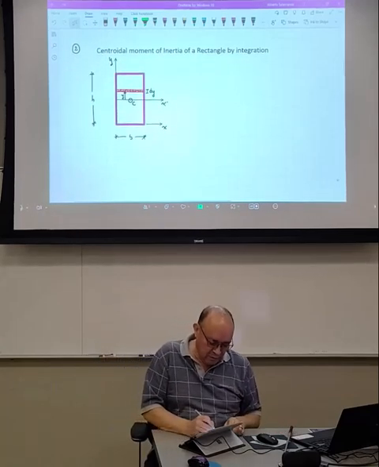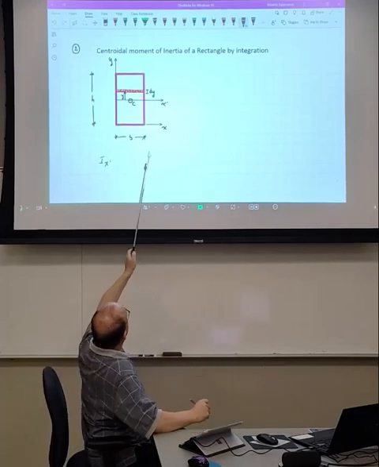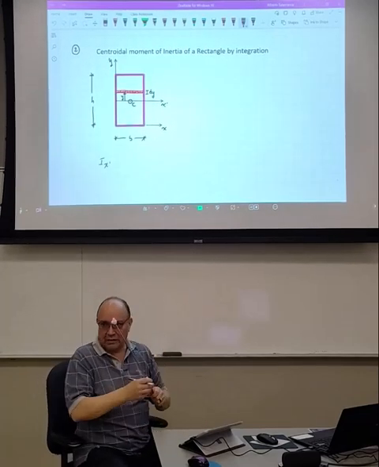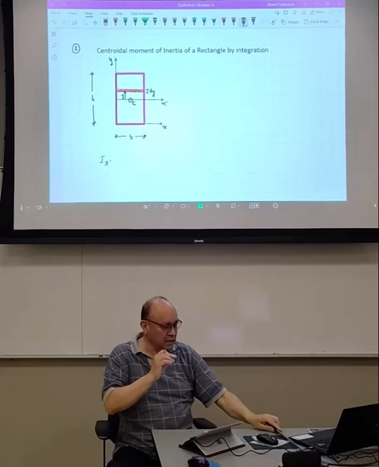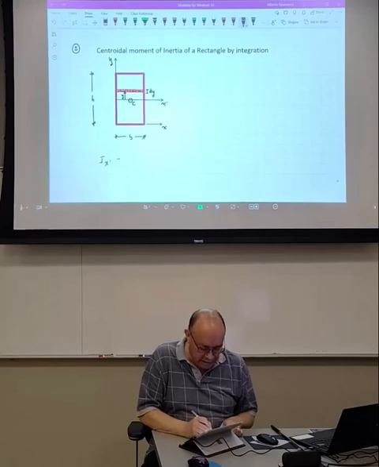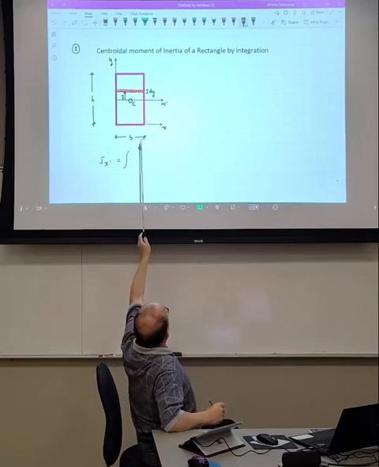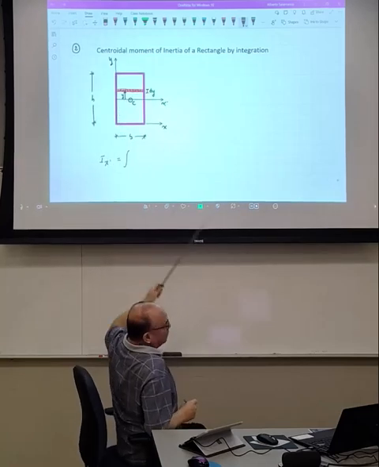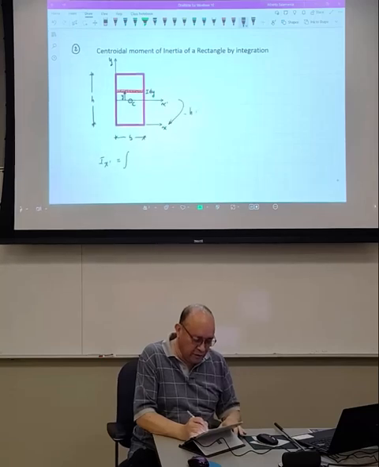So I have the moment of inertia, and I'm going to call it here x prime. We usually put that prime when it's a centroidal axis to differentiate that axis from any other axis that is not centroidal. So it will be the integral. What will be the difference here? The difference is that everything is the same except that the limits are from minus h over 2 to h over 2.